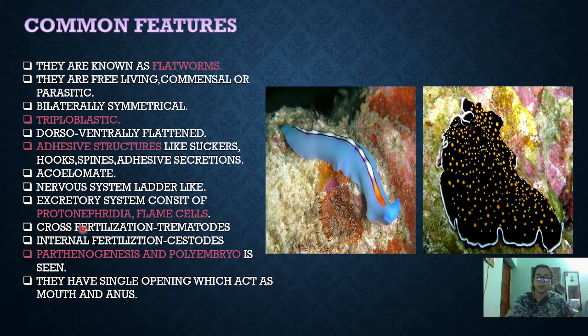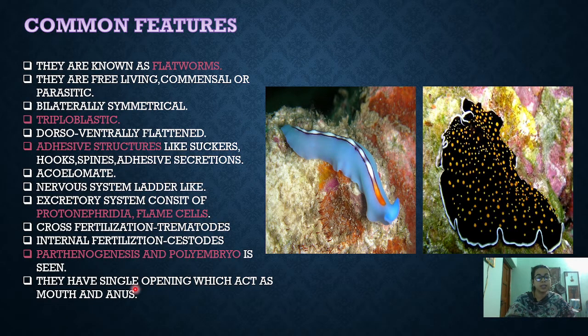And they show cross fertilization as well as internal fertilization. Cross fertilization is mainly seen in the trematodes, and internal fertilization is seen in the cestodes. One important feature regarding this phylum is that they show parthenogenesis, that is, without fertilization an embryo is also formed, and polyembryony is also seen.